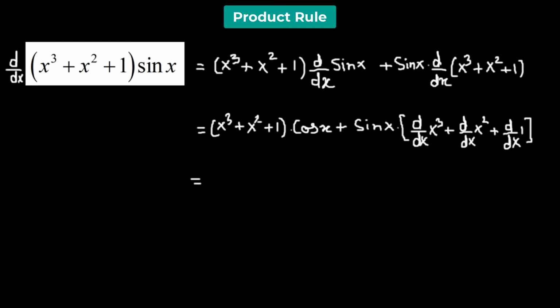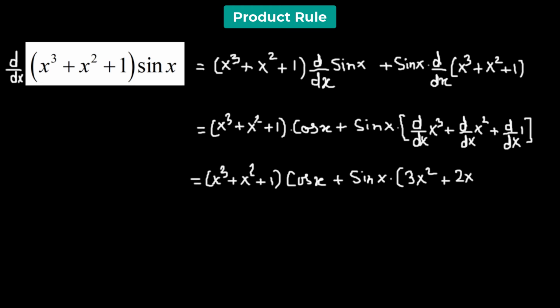So we get x cubed plus x squared plus 1 multiplied to cosine of x plus sine of x multiplied to, so the derivative of x cubed will be 3x squared plus the derivative of x squared is going to be twice of x, and the derivative of 1 is 0. So this is going to be the derivative of the given function.